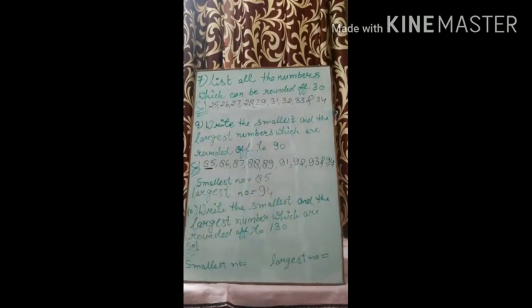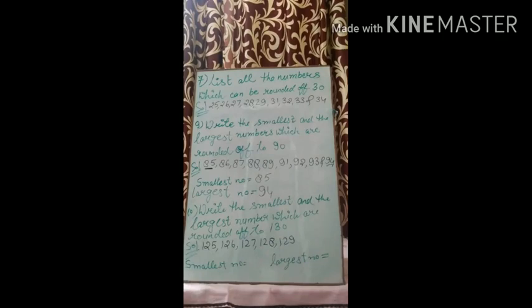Similarly, we have one more question. Write the smallest and the largest numbers which are rounded off to 130. So, 125, 126, 127, 128, 129.